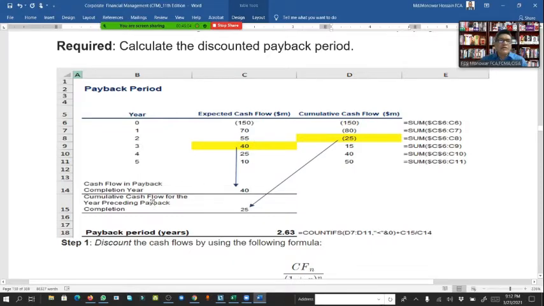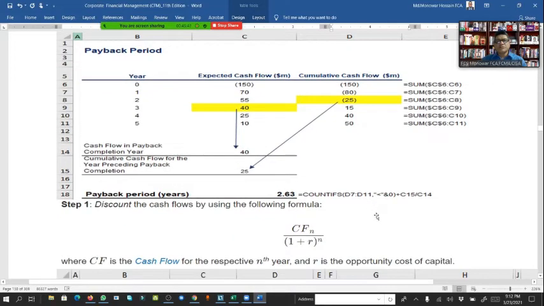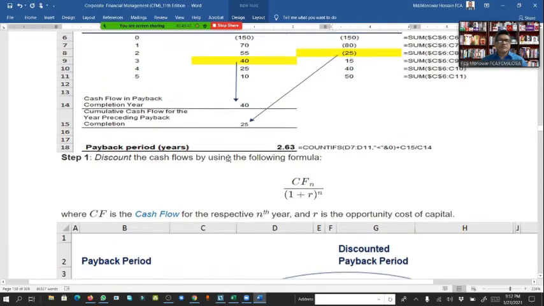Here is how it is calculated: the cash flow in the payback completion year is 40 million, over the cumulative cash flow for the year preceding payback completion, which is 25 million. After calculating, we get a payback period of 2.63. The formula for Excel is also shown here.